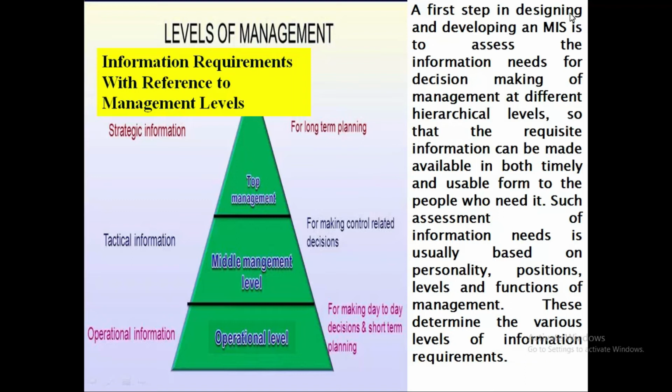So the first step in designing or developing an MIS is to access the information needs of decision making of management at the different hierarchical levels so that the requisite information can be made available in both timely and usable form to the people who need it. देखिए ये बहुत ज़रूरी चीज़ है that any MIS system should be able to access the information needs of all these 3 levels so that all these 3 levels in the hierarchy can take their decisions in very much given time, and the information coming out of the information system must be usable also.